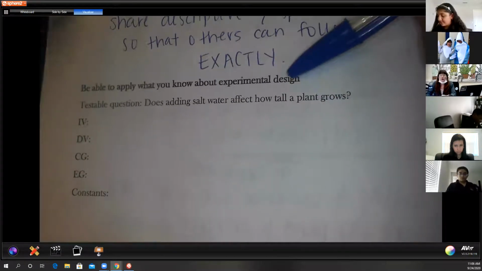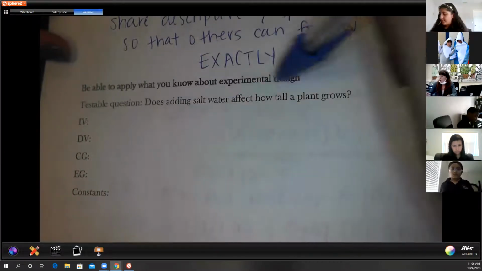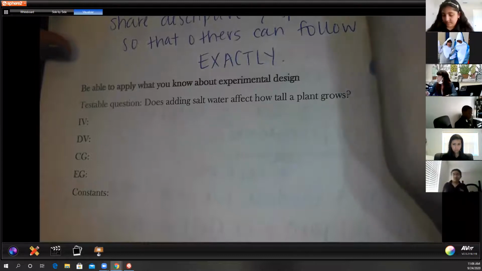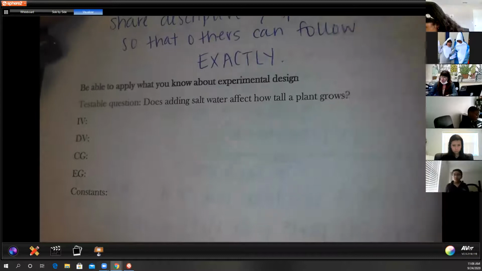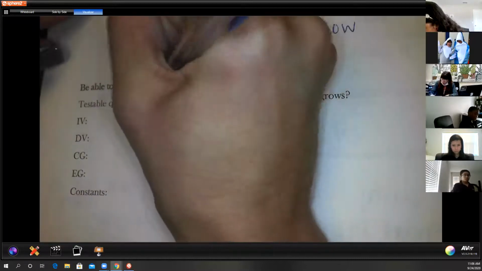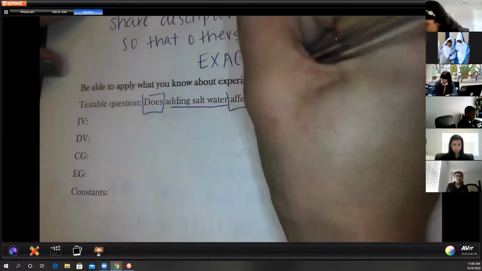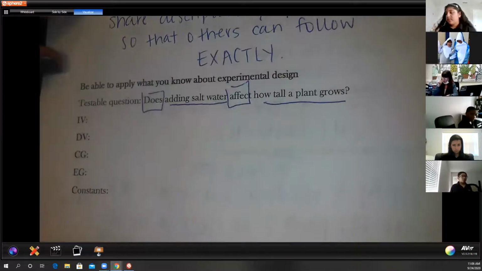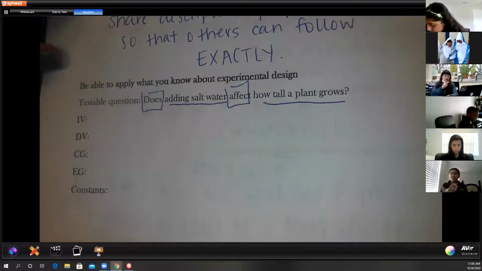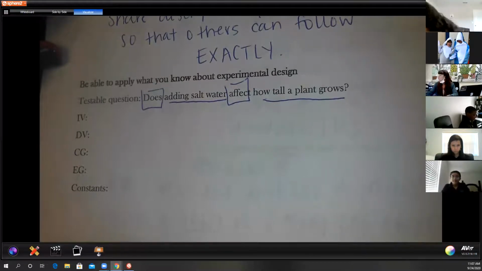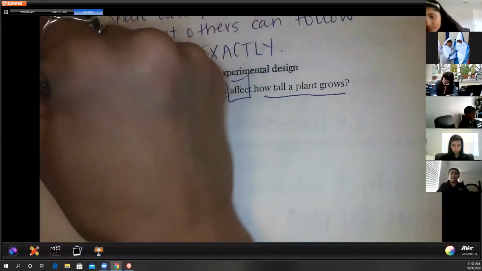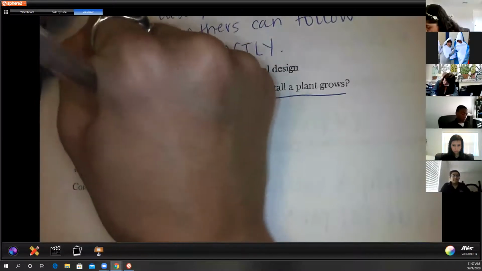Being able to apply what you know about experimental design. You should know this because we practiced those questions earlier last week, right? So our testable question is, how does adding salt water affect how tall a plant grows? What's my independent variable, Alex? Yep. So I'm going to do salt water or no salt water.